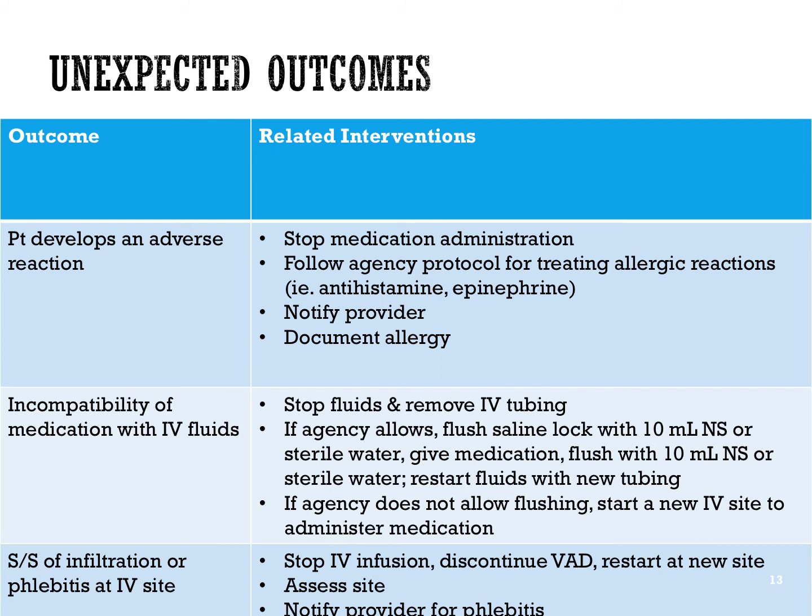Give the medication and then follow that up with another 10 milliliters of normal saline or sterile water. And then you could restart the fluids with new tubing. That's only if your agency allows that.